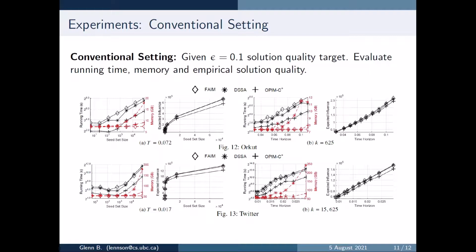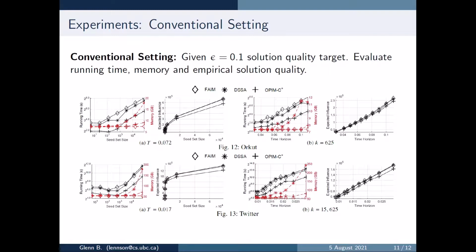Our algorithm, FAME, and DSSA generally have comparable expected influence spread, with FAME sometimes being somewhat slower than DSSA. We believe this is primarily due to FAME's stopping criteria likely being more conservative than it needs to be, given that the first sample processing time is comparable.